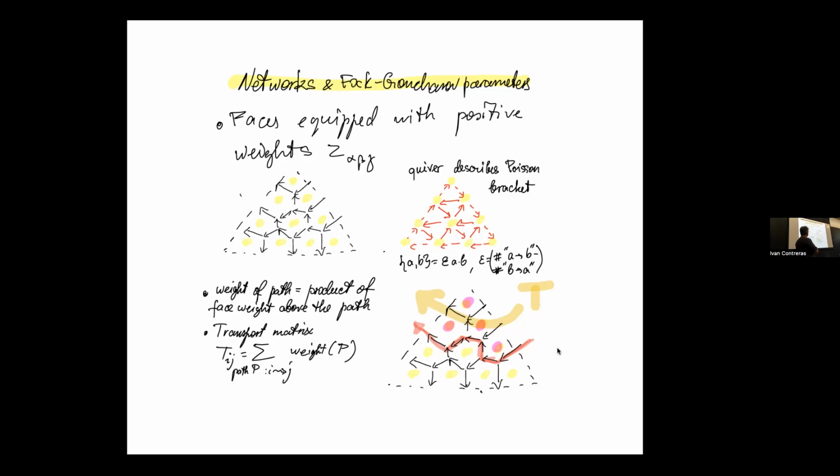Then if we have the parameters in yellow dots and some oriented path going like that, then the weight of the path is the product of all parameters above this path. And finally, we can define the transport matrix as taking the entry I on the right side, taking the exit J on the left side, and considering all possible oriented paths from I to J, and summing the weights of paths over all paths connecting I to J.